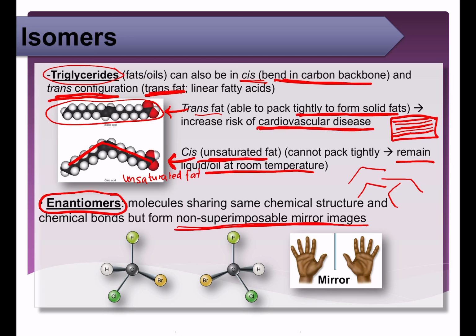Meaning that, for example, if you have your left hand versus your right hand, and if you try to superimpose them on top of each other, you put this hand over this hand. It's kind of hard for me to show you without you seeing me in person doing the superimposing, but try putting your right hand on top of your left hand, okay?